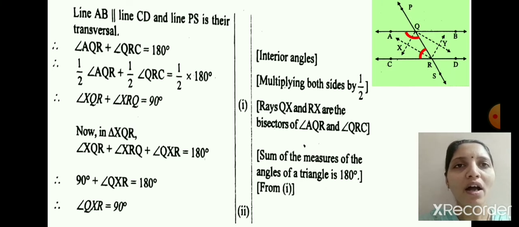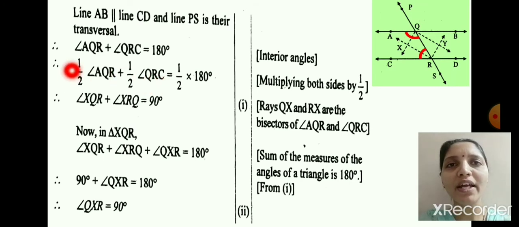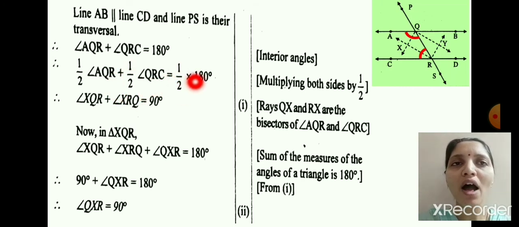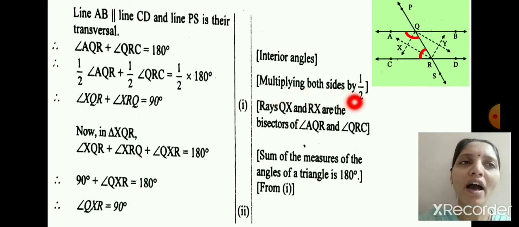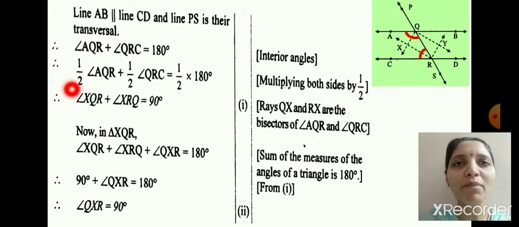So if you multiply on both sides by 1/2, we will get half of angle AQR plus half of angle QRC is equal to half into 180 degrees. Reason you will write as multiplying both sides by half. Now why have we multiplied this equation by half? Because we know here this ray QX is the bisector of this angle and ray XR is the bisector of this angle.